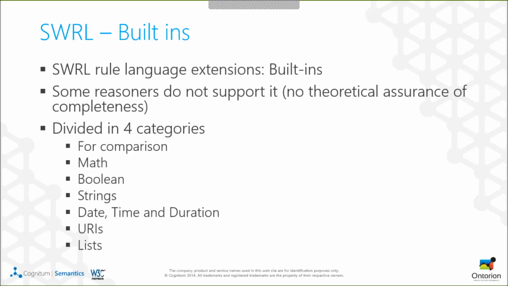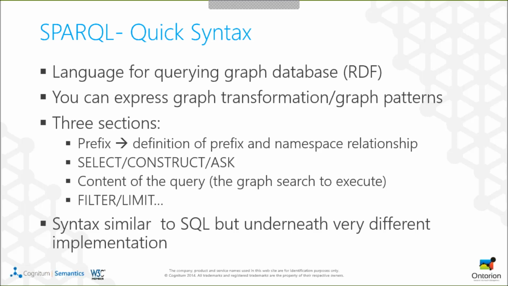So to go on, now that we have seen what are the pieces that compose an ontology, we go to what is SPARQL. That is the language to query these ontologies. So SPARQL is working on graphs. When you are using SPARQL, you are actually querying graph databases or RDF databases. But SPARQL is a very expressive language.